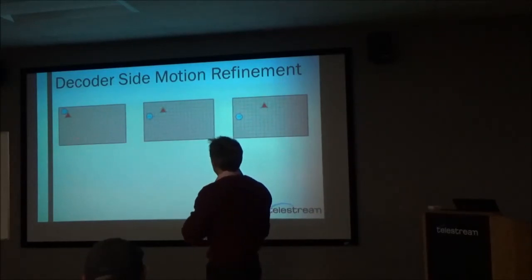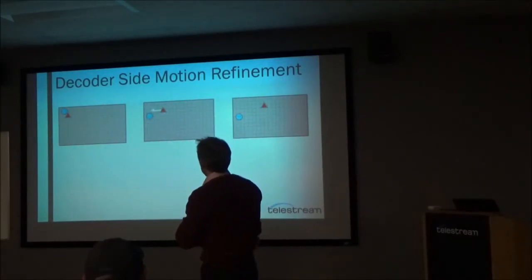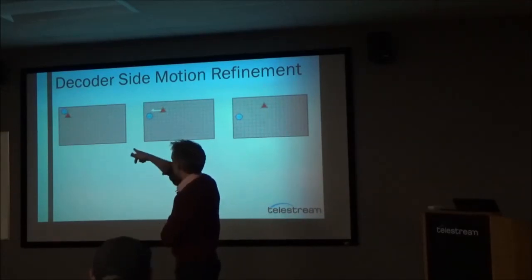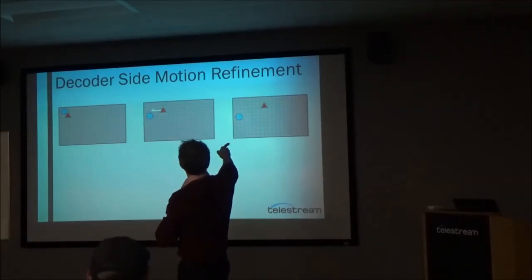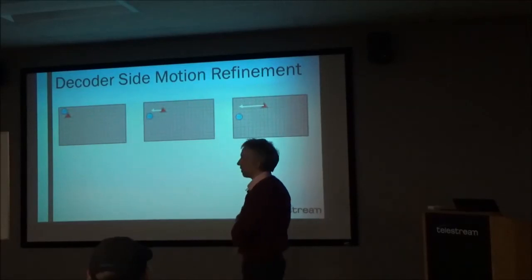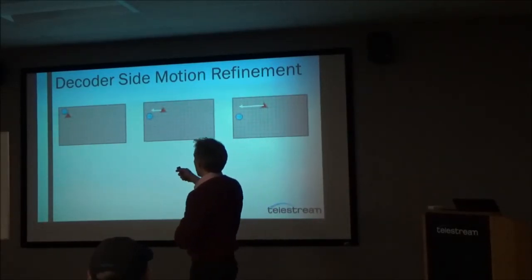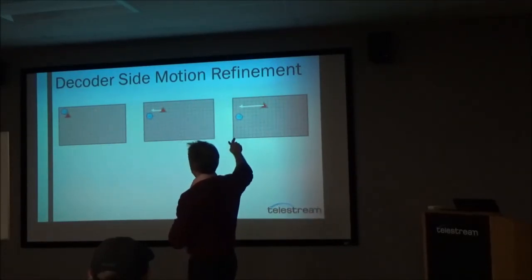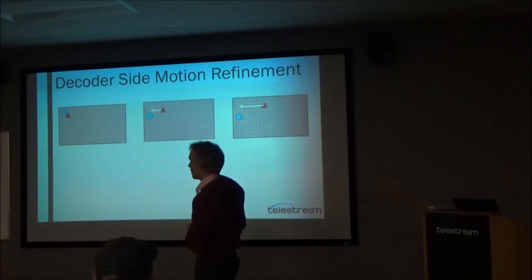I've got an in-between picture. In this in-between picture, the triangle's motion vector is coming from 3 from the left. In the next picture, it's 6 from the left here. But in order to do this, I've had to use bits to transmit the 3 to the left information and then the 6 to the left information in my bit stream.